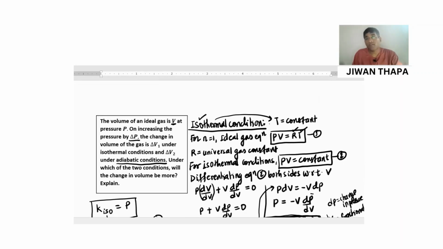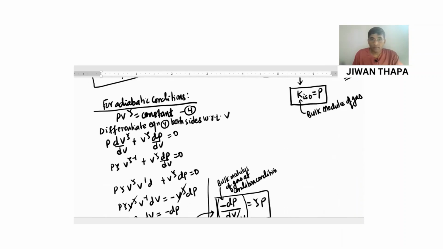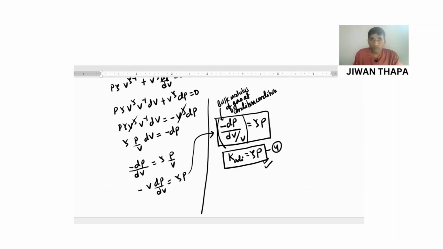We have to write equation 4 according to the question, and we can see this equation 4 is obtained from this equation.